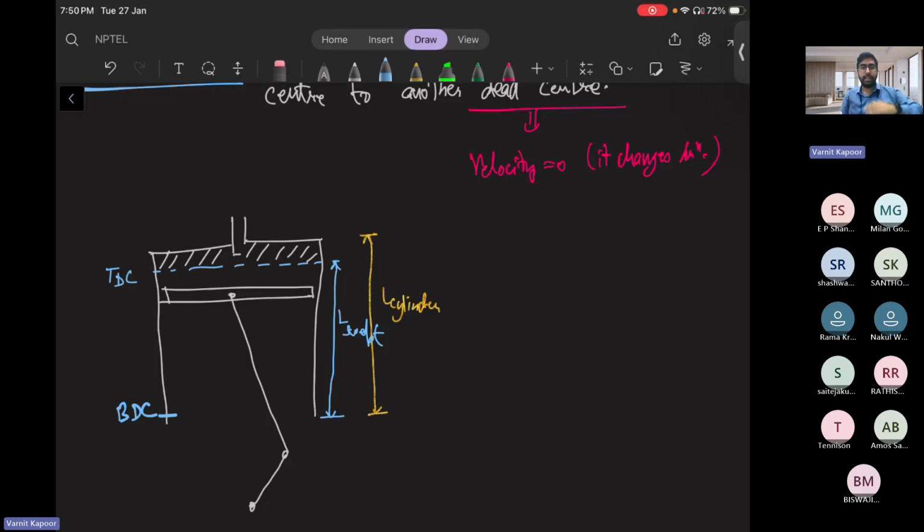How much the piston has moved from top to bottom is your swept length. The volume covered during the swept length is called the stroke volume or swept volume. And the volume associated here is your clearance volume, some volume you are keeping.